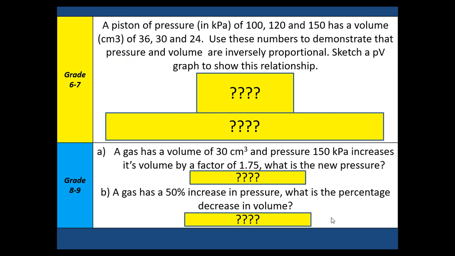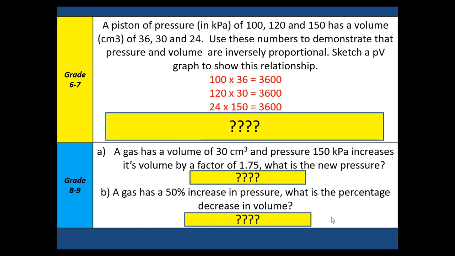Okay, so next up, how do we show that these numbers are inversely proportional? Well, we multiply them together, and each time you multiply them together, you should get the same number. That's how we prove that pressure and volume are inversely proportional. Multiply the numbers together, you should get the same number each time.